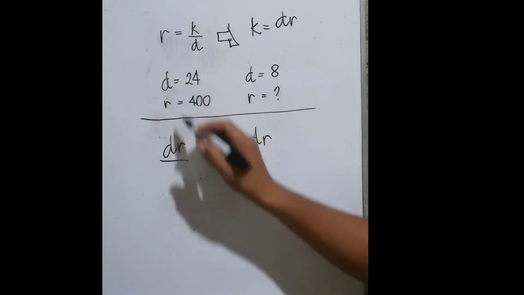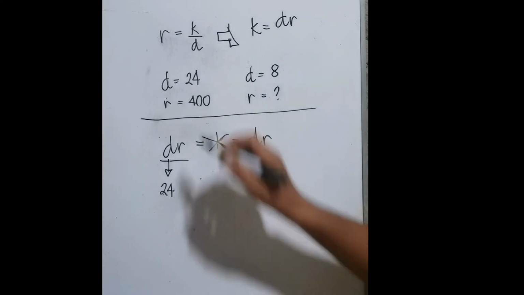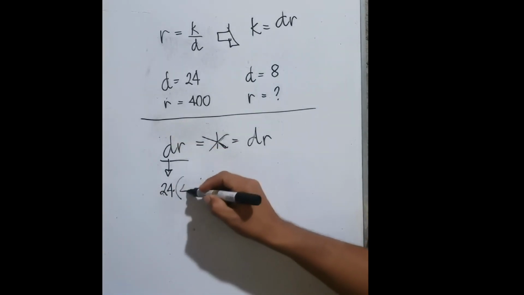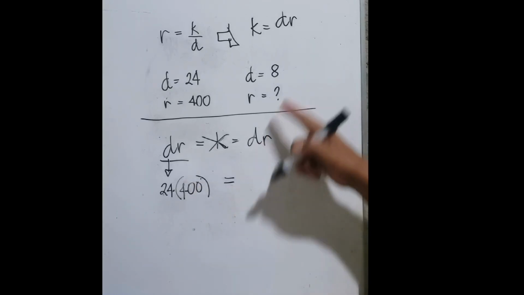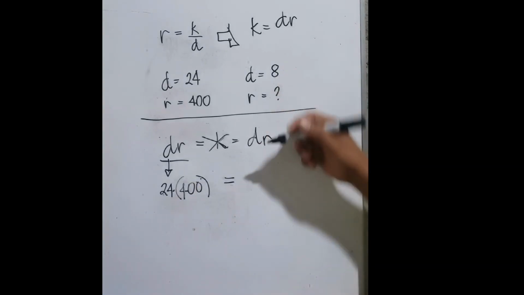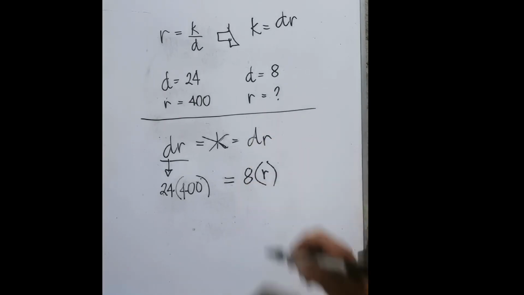So let us substitute. D is 24 times r is 400, so we will have 400 equals another dr for the smaller pulley, so d is 8 times r is the unknown.